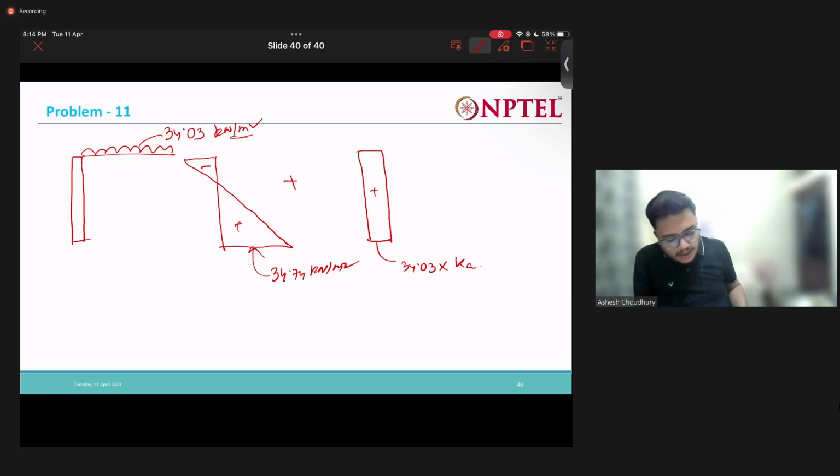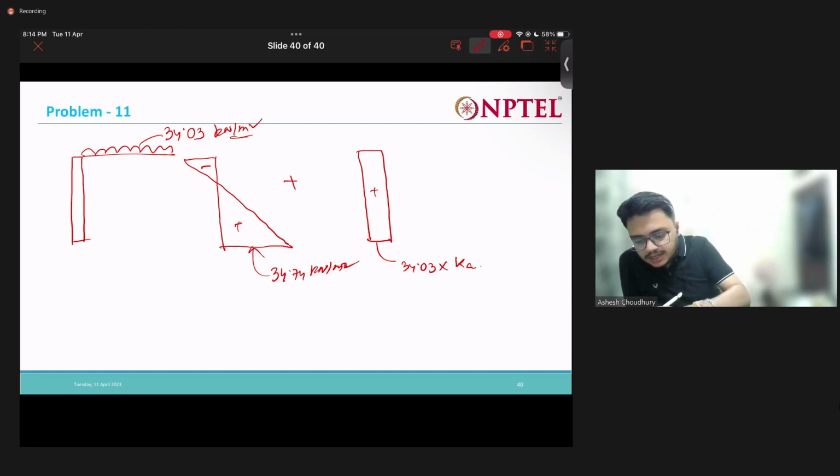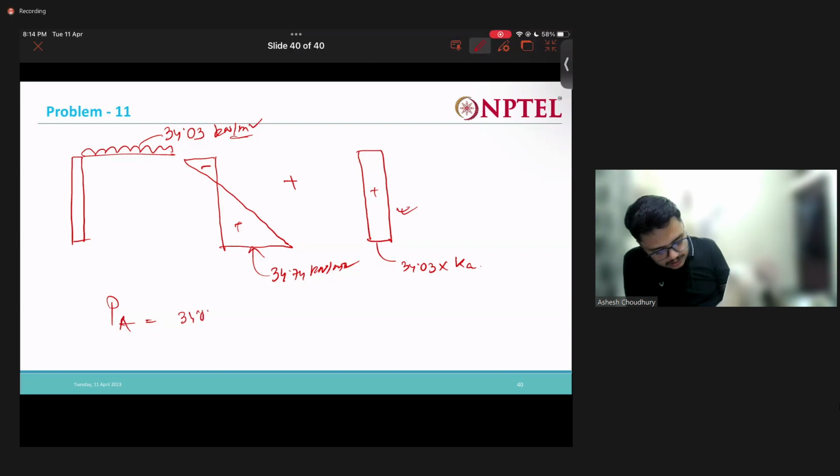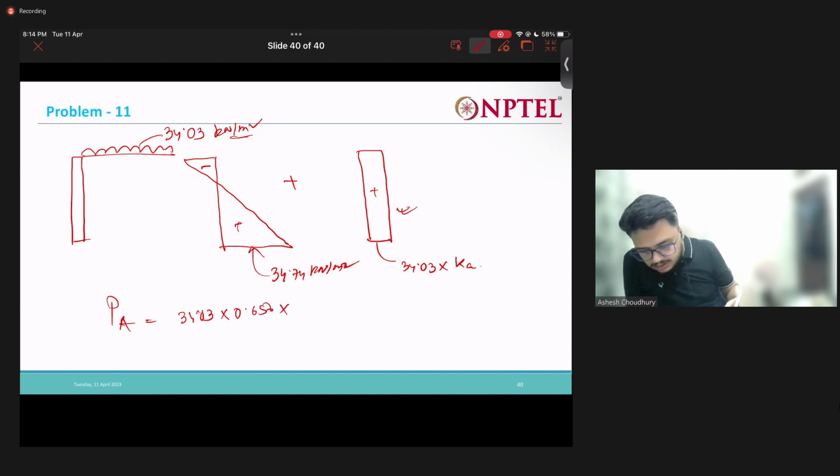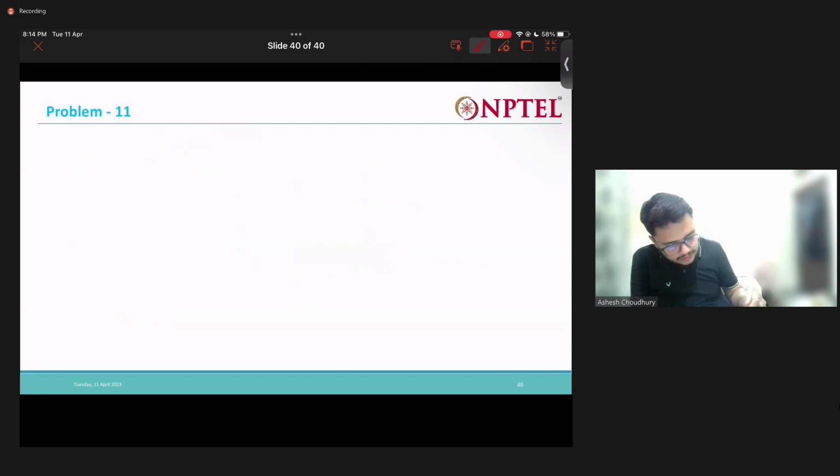Now if you want to find out the new changed active pressure, what will it be? It will be just the area of this. What is the area? 37.03 into 0.656 into the height was 5 meter, plus this area whatever we already calculated, 51.07.